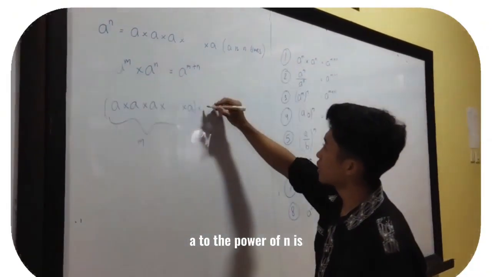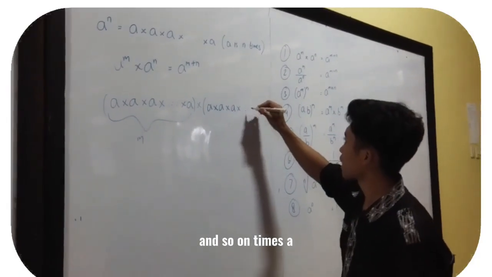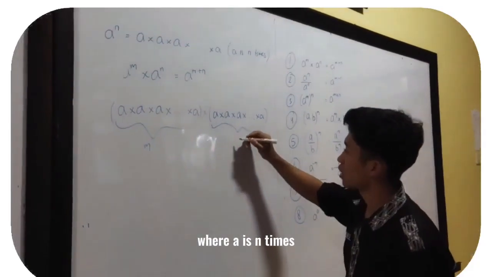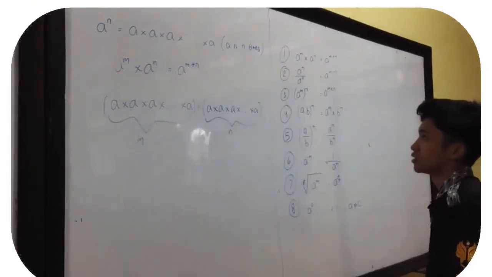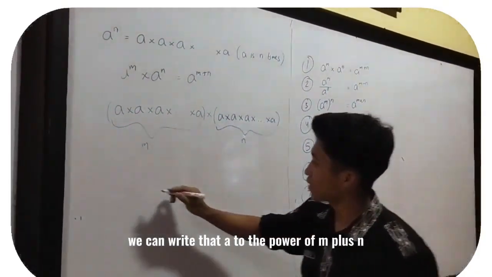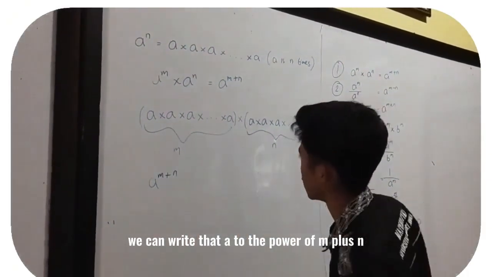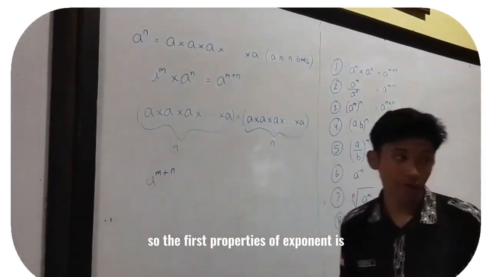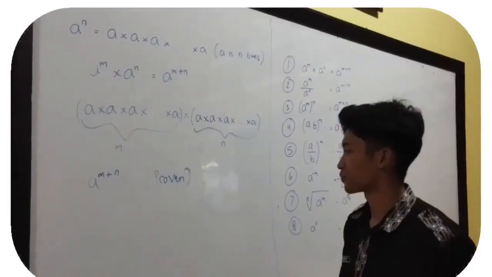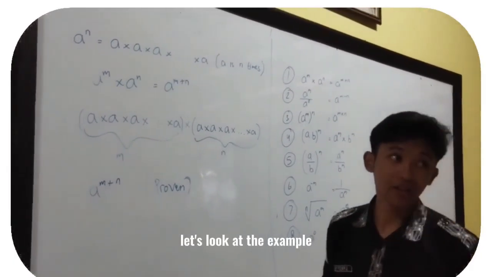A to the power of n is equal to a times a times a times and so on times a, where a appears n times. In this form, we can write that a to the power of m plus n. So the first property of exponent is proven. For more detail, let's look at the example.